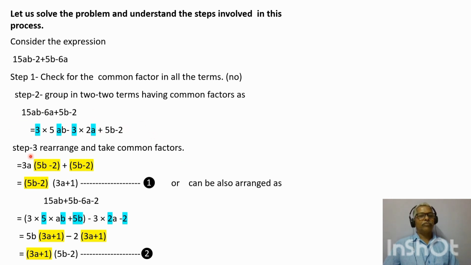Now concentrate only on these two terms. 3a is common in this. Taking 3a common, what remains inside the bracket is 5b minus 2, plus, and give a bracket to this also, 5b minus 2. You can see why I have given this bracket.